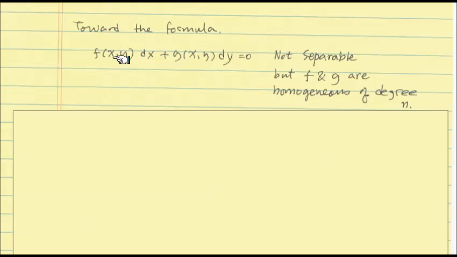But right now this coefficient has degree n, the same degree n, not necessarily one variable. That's why it's not separable. So that's the typical situation for homogeneous equations in differential form.